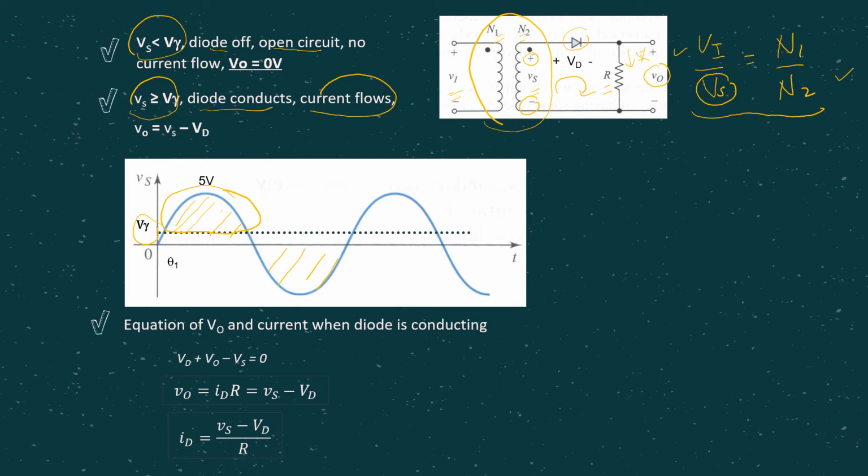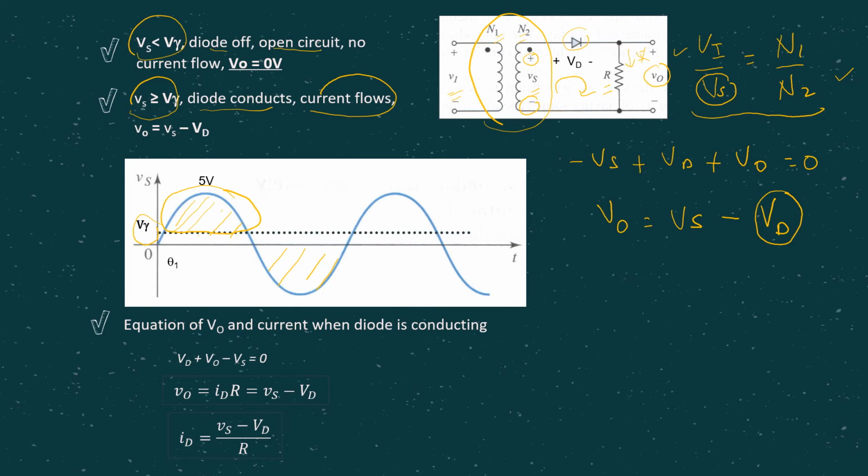For this one, because we have one complete closed loop, we can get the KVL equation, right? So the KVL equation is given by minus Vs plus Vd plus V naught equals 0. So in this case, our V naught is actually Vs minus Vd. Okay, so Vd is the voltage across the diode. So it depends.